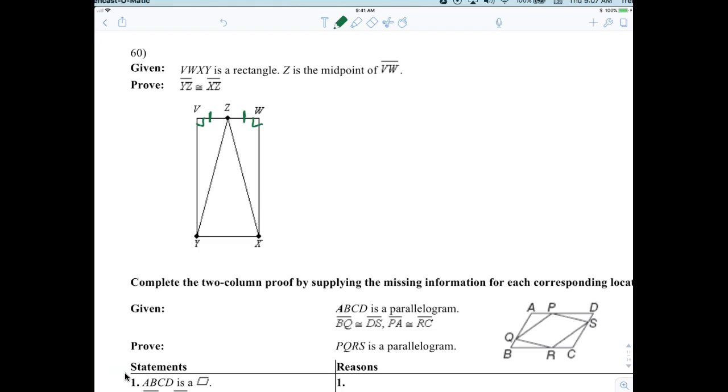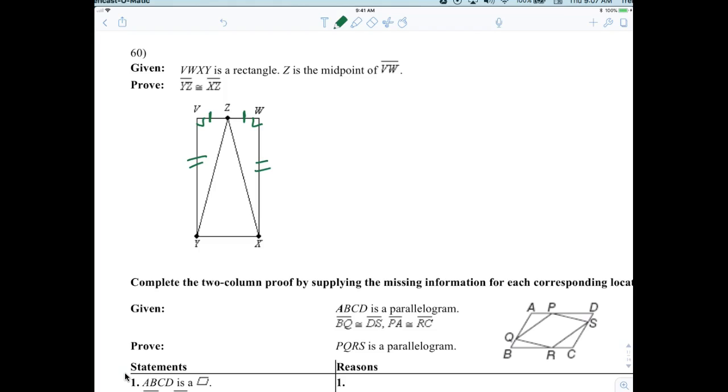Definition of rectangle, angles are 90 degrees. Then we can say the other side is congruent, definition of rectangle. And then we can say the triangles are congruent again by side angle side. Is everybody good? And then YZ, CPCTC. Simple, simple, simple.